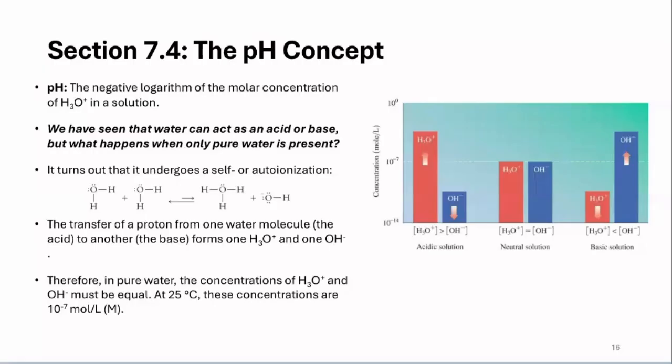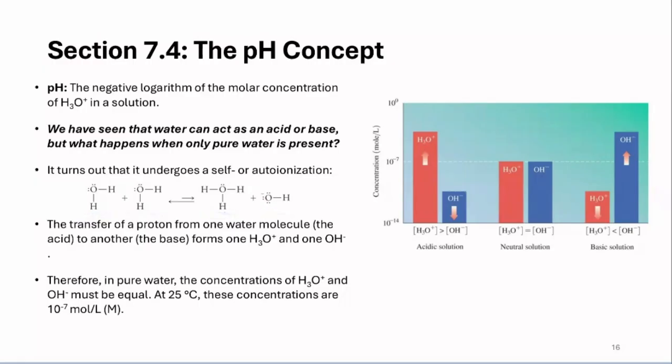And one water molecule will act as an acid, meaning that it is going to donate an H+, while the other water molecule is going to act as a base and receive that H+. In turn, from this reaction, we form hydronium ion and hydroxide.